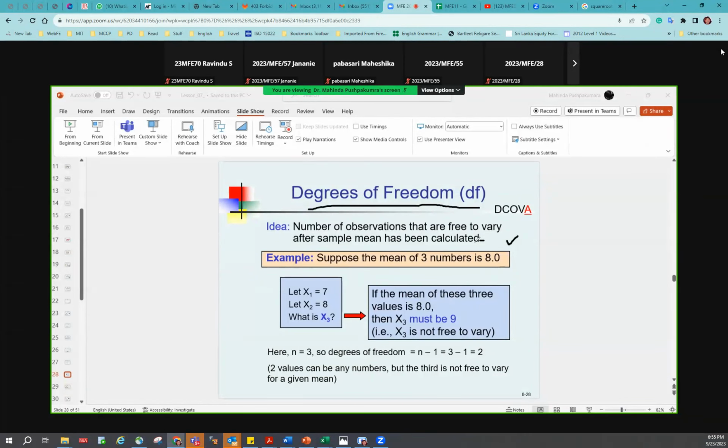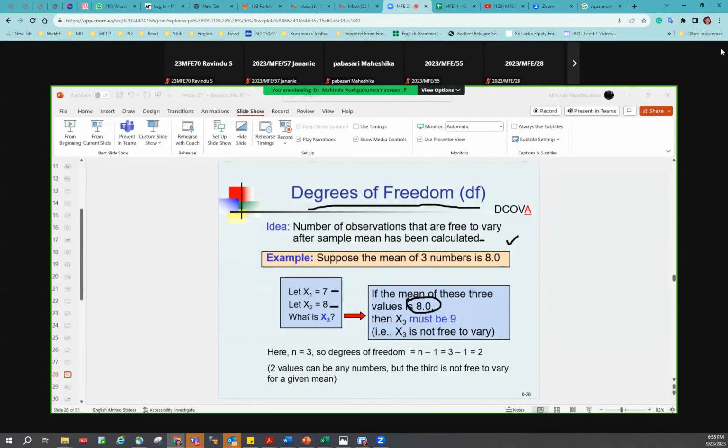Freedom means freedom, then degrees of freedom means the number of observations that are free to vary after the sample mean has been calculated. That means without changing the sample mean, how many observations can change? Now let's say as an example, you have one observation 7, second observation 8. Then let's say the sample mean is 8.